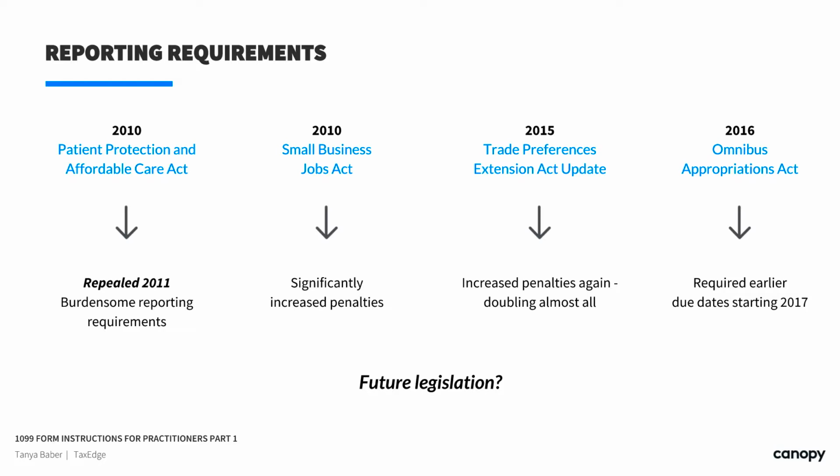And one of them is we had different due dates in the Appropriations Act in 16. All these things affected the way we go about information reporting, either to require more of it, to increase penalties to force compliance, or to require earlier due dates, and that actually started back in 2017, so they get information sooner. That's also an effect of trying to prevent fraud, because they get information a little quicker on the 1099 miscellaneous and the W-2s, and we'll get into what those requirements are.